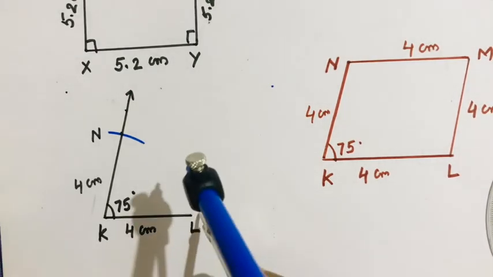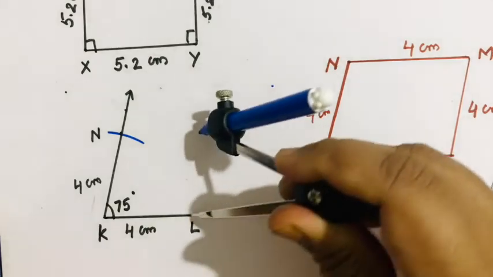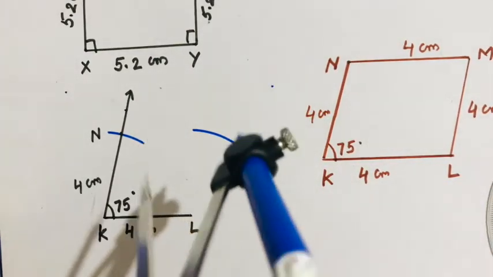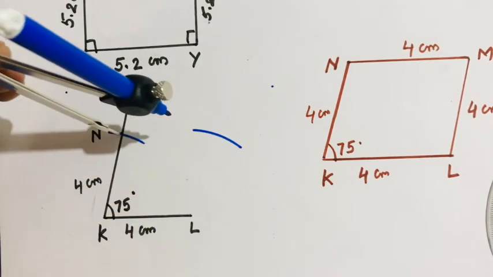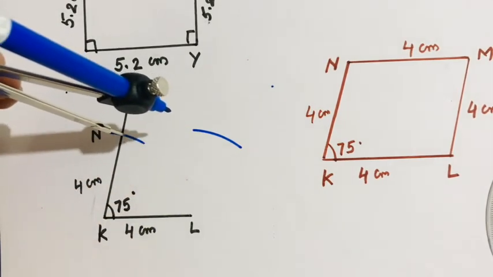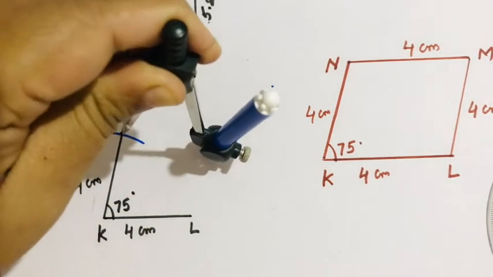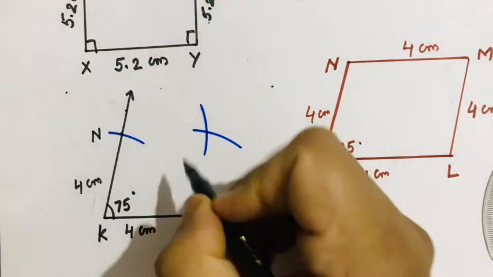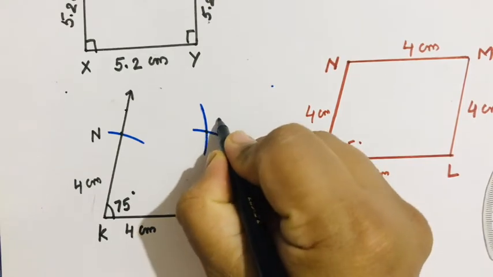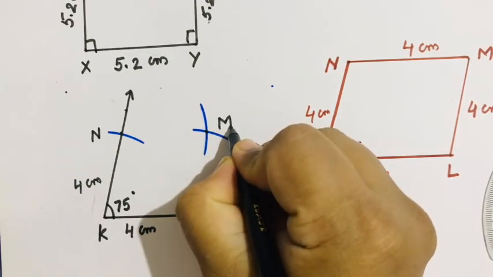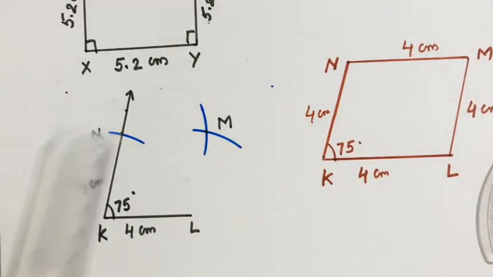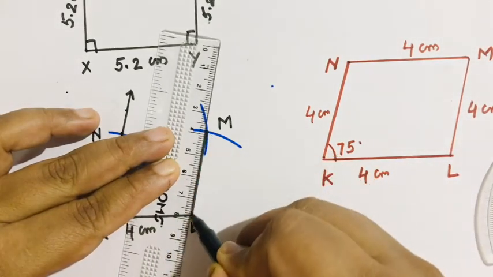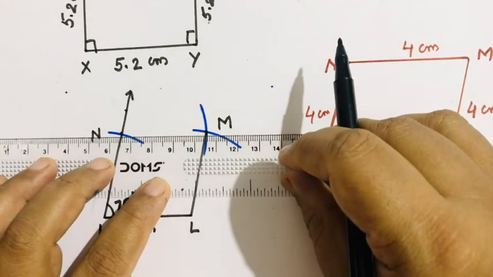Now the same 4 centimeter distance arc you should draw from point L and from point N. Where these both are intersecting, that point is point M. Join ML and NM.